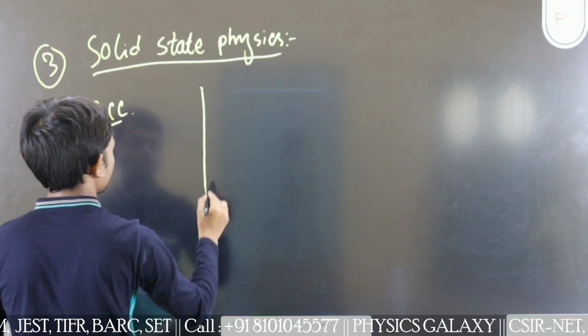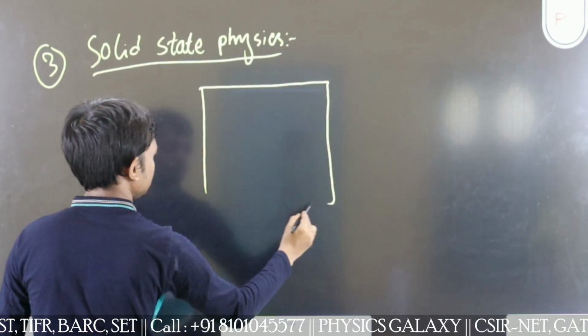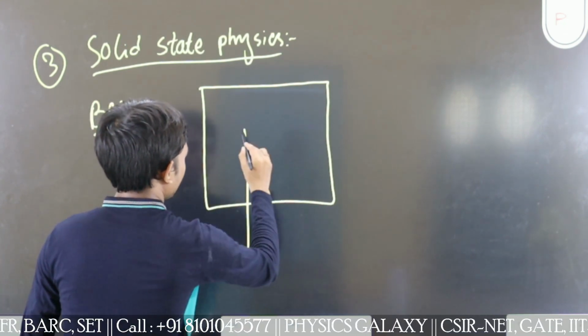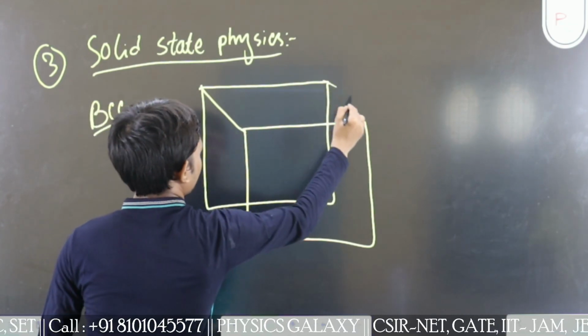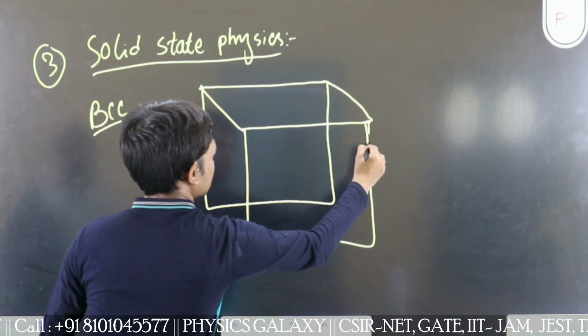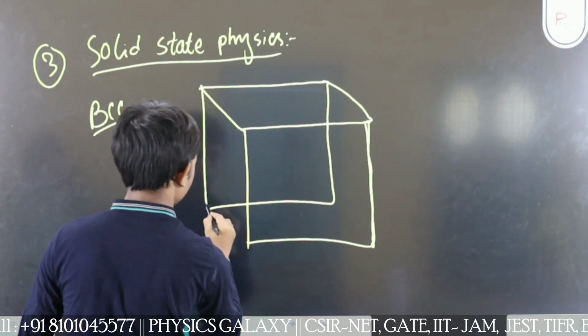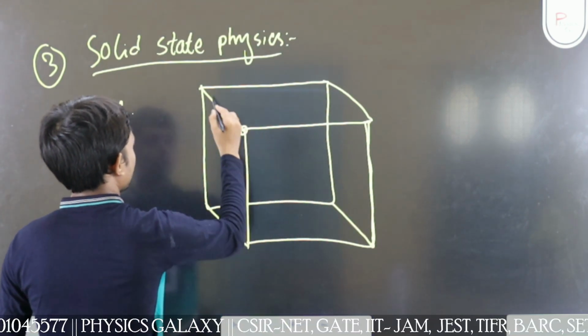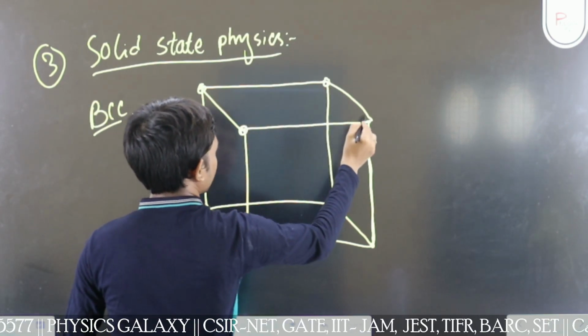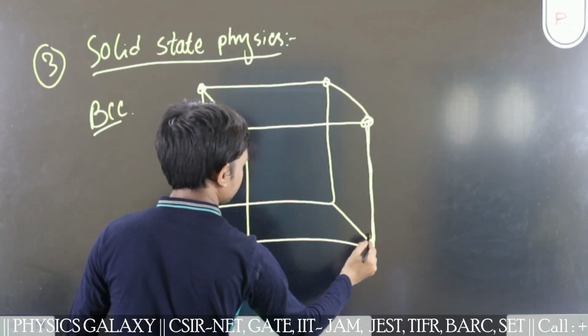I drew the unit cell, and there were 8 corners, and at every corner there was one atom.